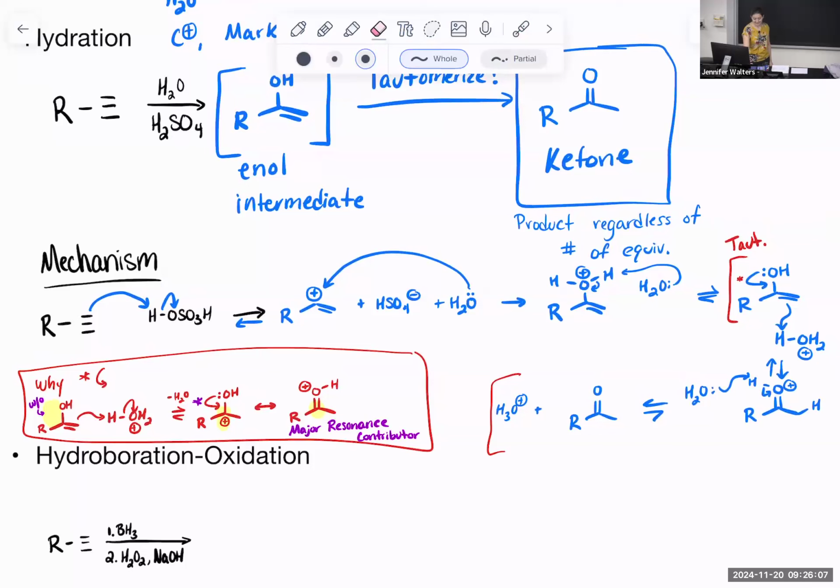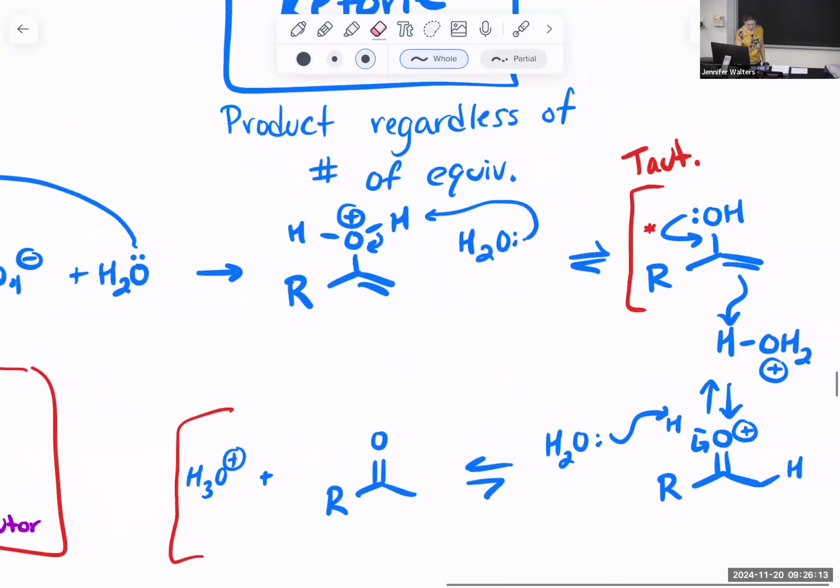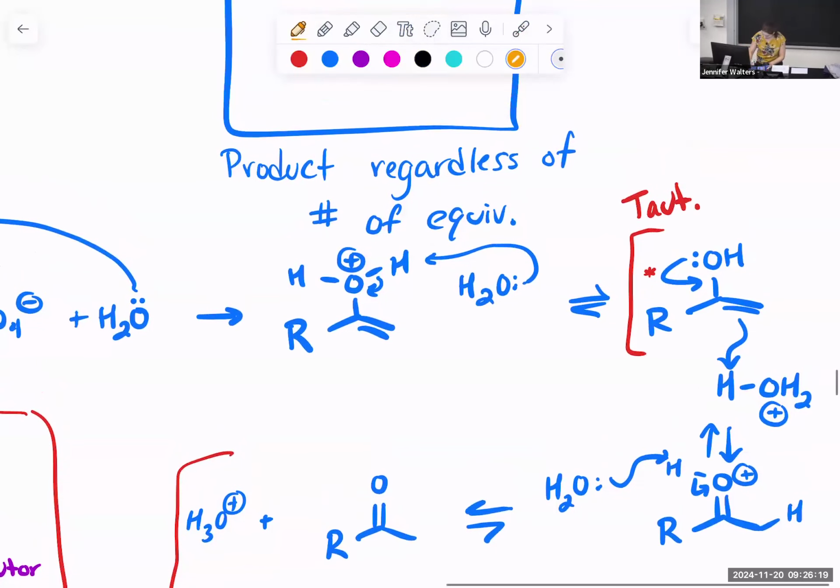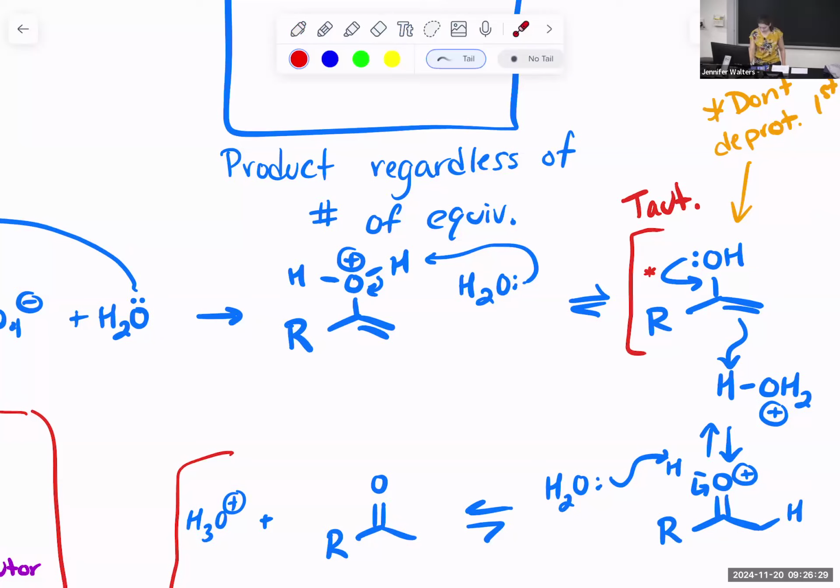Also, since we are in acid, there's one other thing I want to point out. Since we are in strong acid, you do not deprotonate first. So removing that hydrogen off the oxygen, we don't do that because we need to have the positive charges, because we're in strong acid.